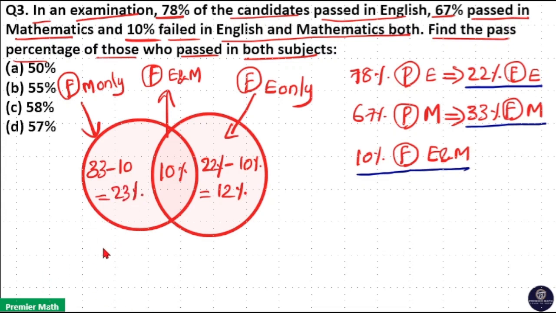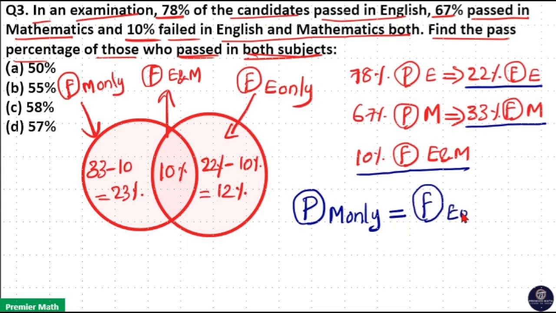Now, we can find those who passed in both the subjects, because students who passed maths only will be included under students who failed English only.